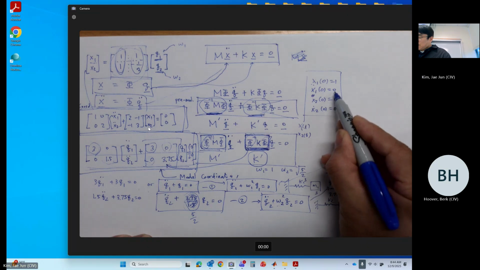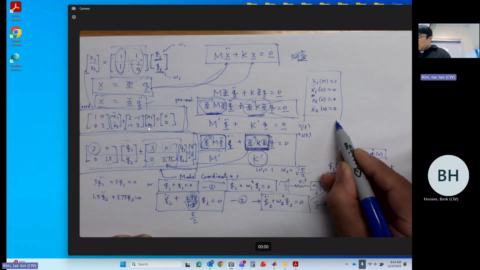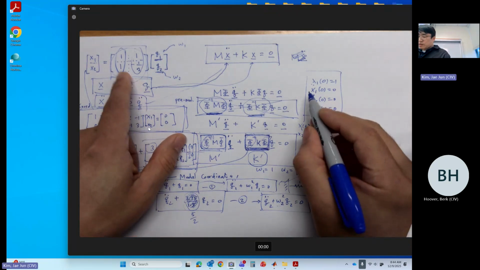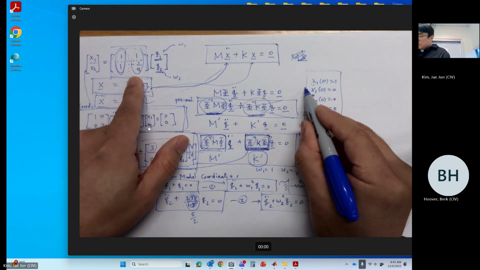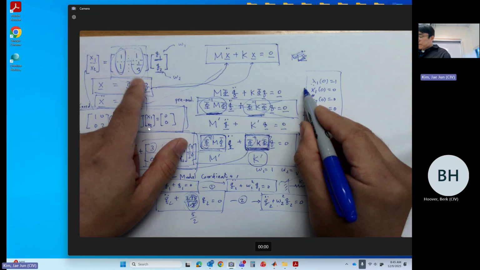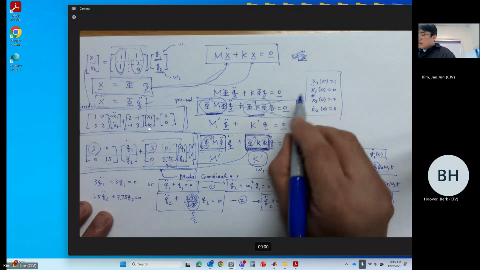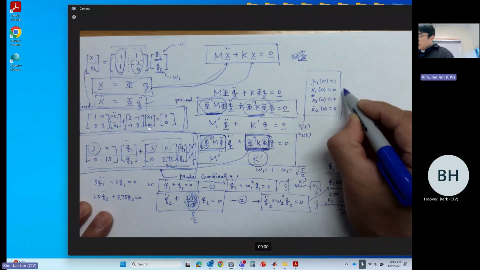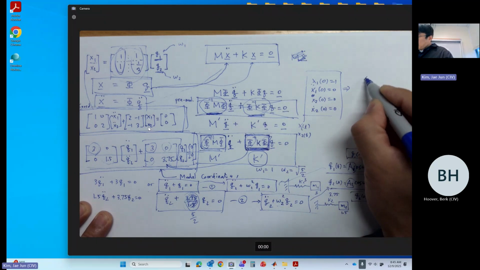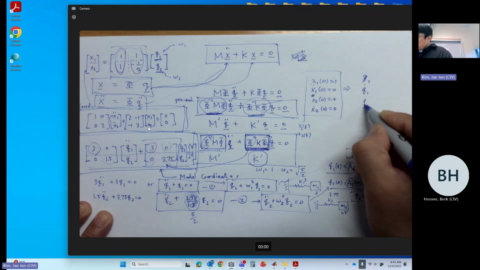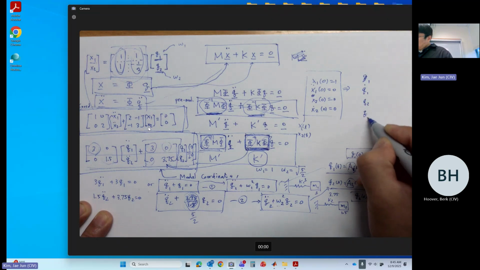In physical coordinates, the initial condition for x1 is given. Now I need to find q1, q1 dot, q2, q2 dot.